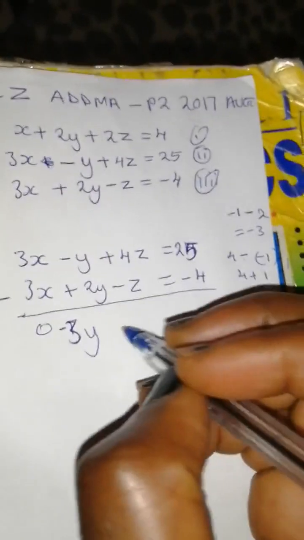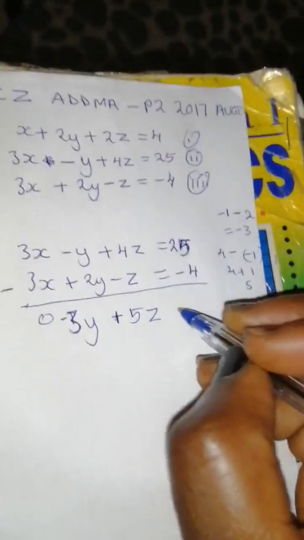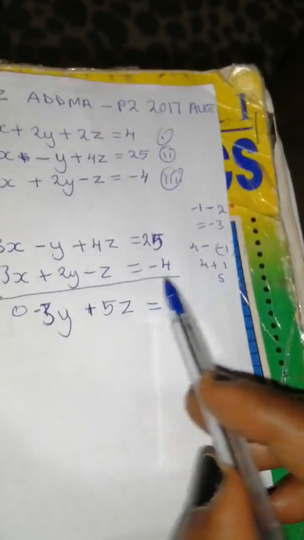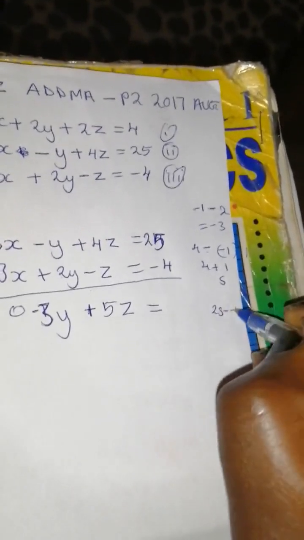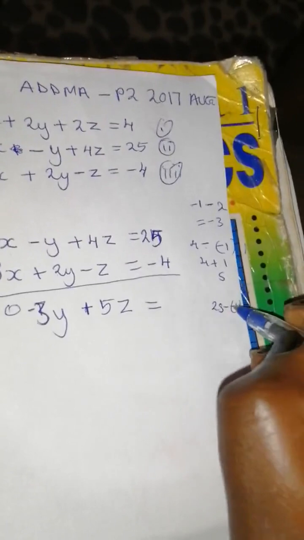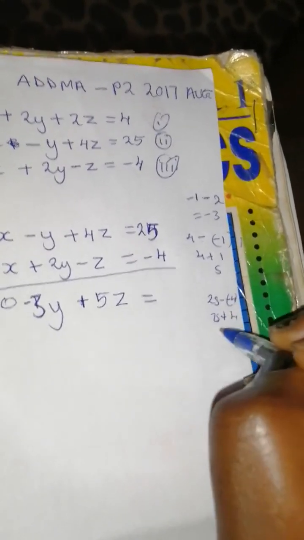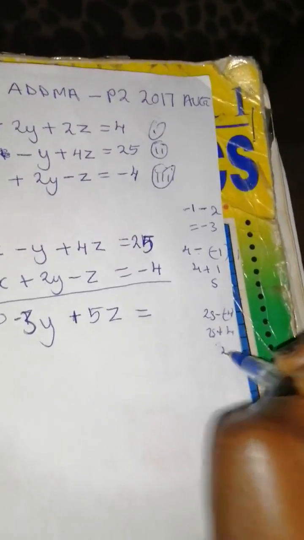So here I have positive 5z equals 25 minus 4. Again there it's 25 minus 4. So negative times negative is positive, meaning I have 25 plus 4 giving me 29.